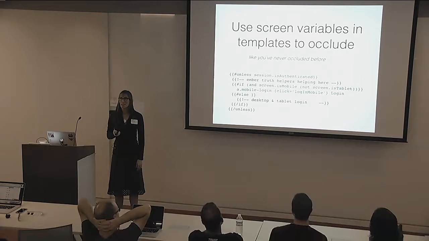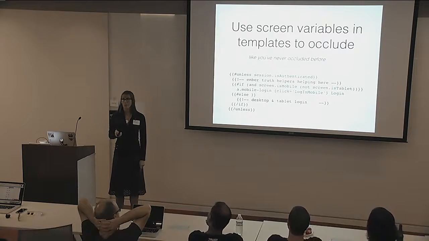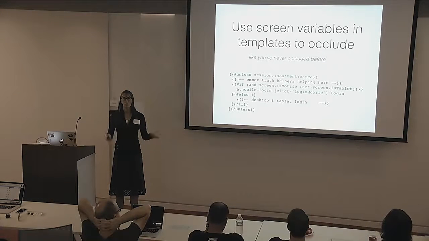And as you can see, this eventually is going to start to look pretty messy. If you have a bunch of these if-else statements and you've already got really huge templates like we do, it can really start to look like a pile of spaghetti again.